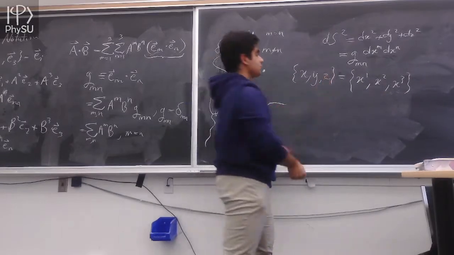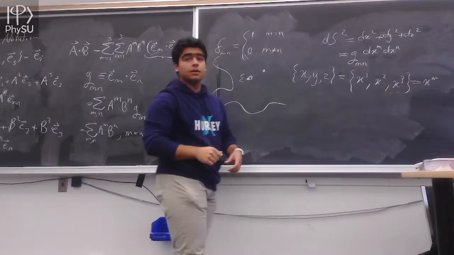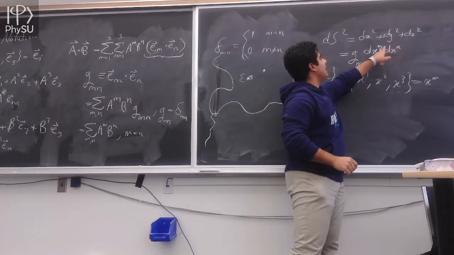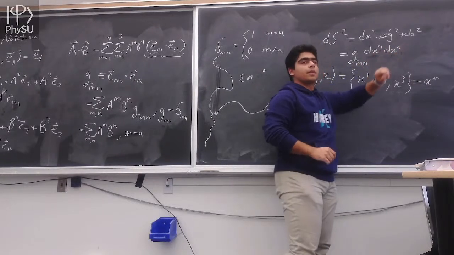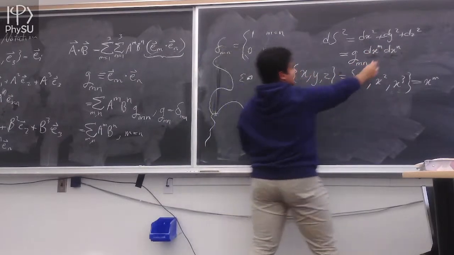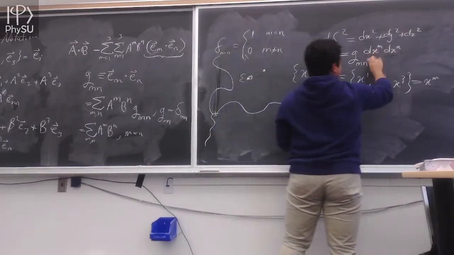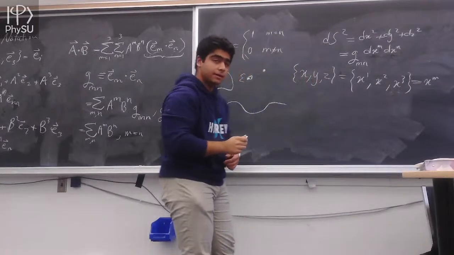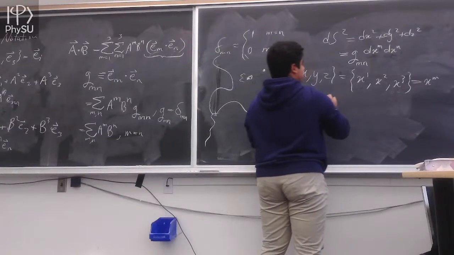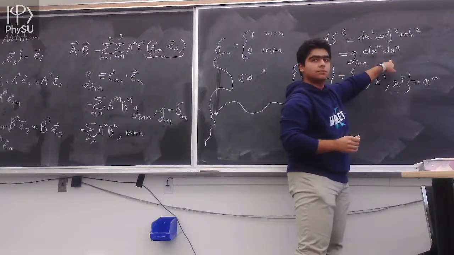And if that's too much, I'm just going to write the whole thing as xm. Okay? So this is just the same thing if, let's say, m is 1 and n is 2. Then what is dx1? That's the same thing as dx. What is dx2? That's the same thing as dy. So this would be dx dy. And the metric tensor is the set of coefficients that would go behind these products.